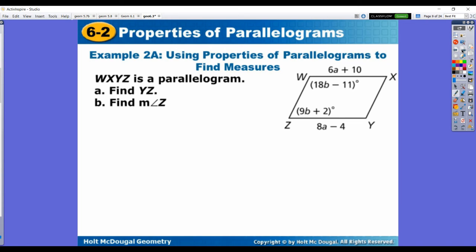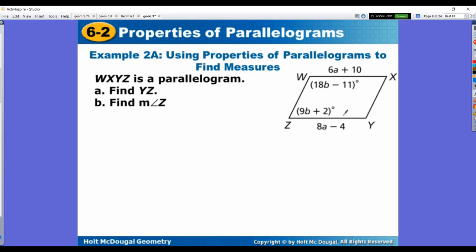Okay. So now that we've solved a few of them, we're going to throw a little algebra into the mix here and figure out what we would get out of this parallelogram here. Some of it is labeled for us already. We want to first calculate what is the length of YZ using this information here.